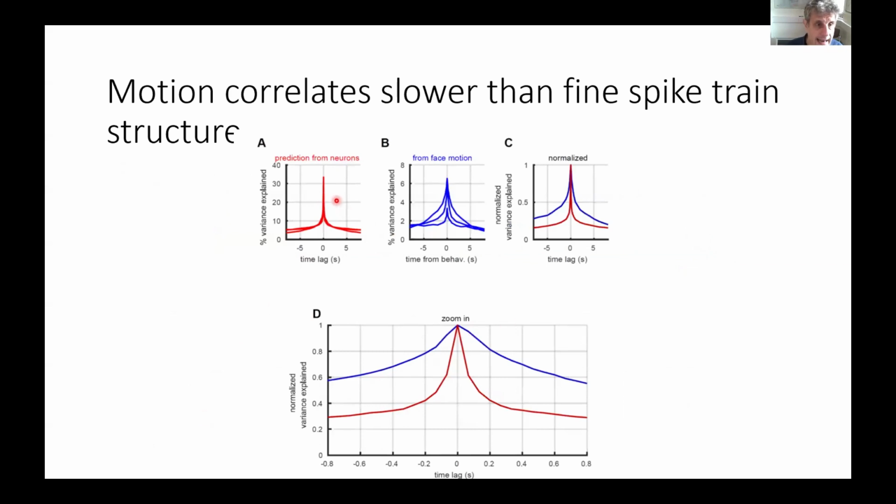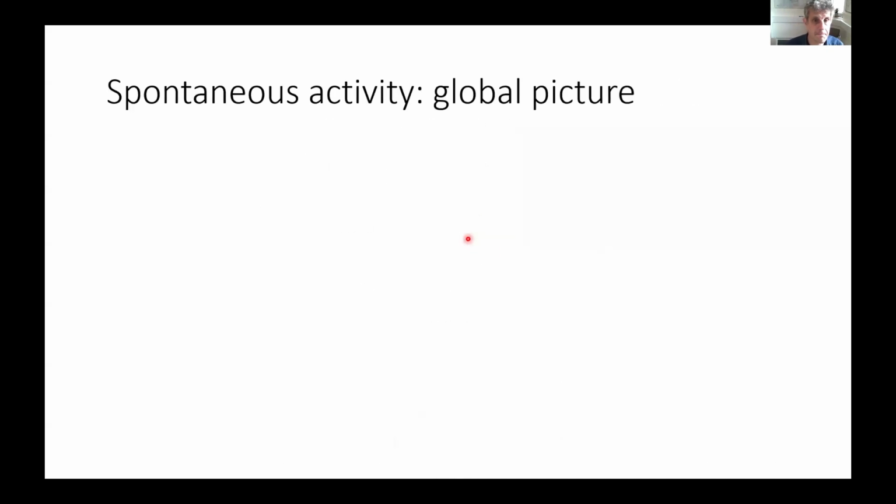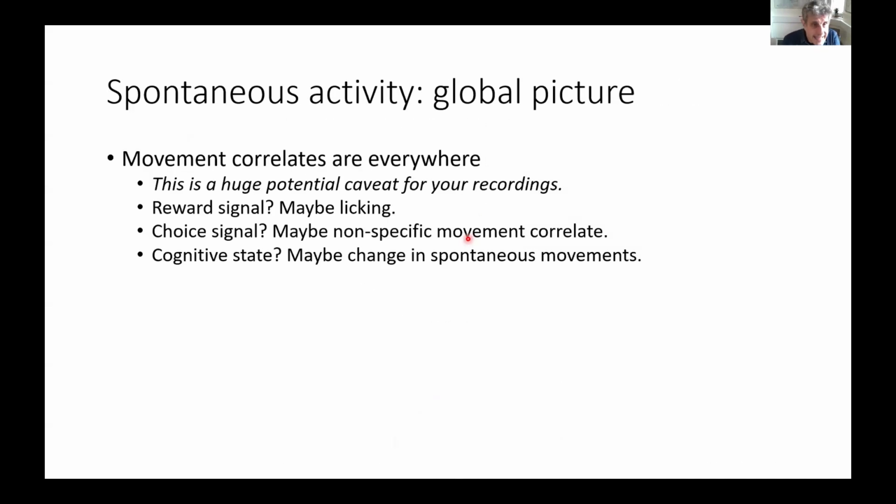And if we look now at the correlation coefficient between two cells as a function of time, you see this very sharp peak of width around 50 milliseconds, but the prediction from face motion is over the scale of several seconds.